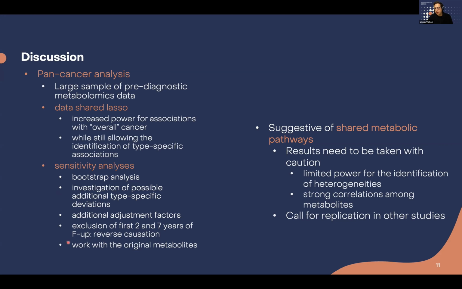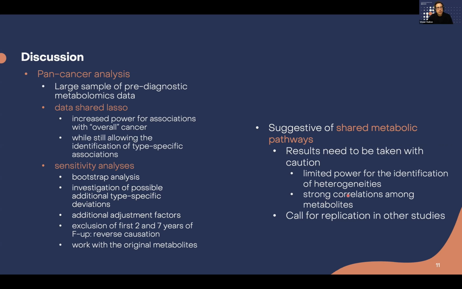And so they were suggestive of possible shared metabolic pathways, although, of course, as usual, we have to acknowledge that our study suffers from a number of limitations. One of them is its limited power for the identification of heterogeneities or type-specific deviations, and in particular for some cancer types like gallbladder and biliary tract cancers or hepatocellular carcinoma, since, as I already mentioned earlier, the sample sizes were quite small for these two cancers.